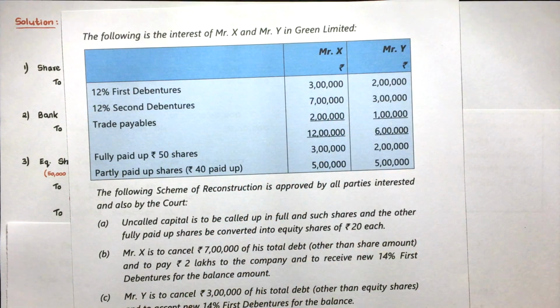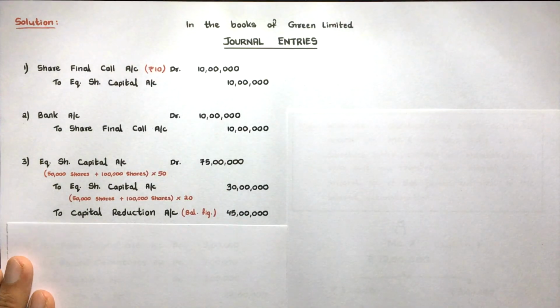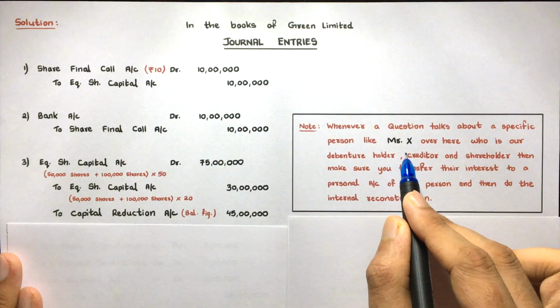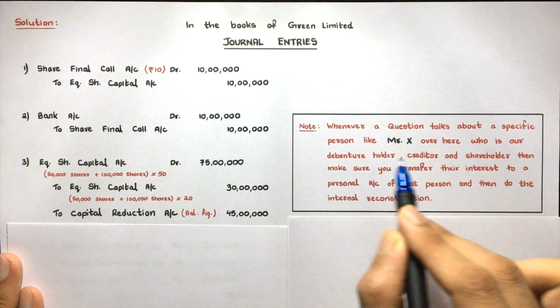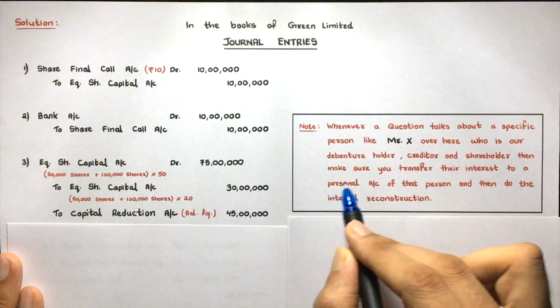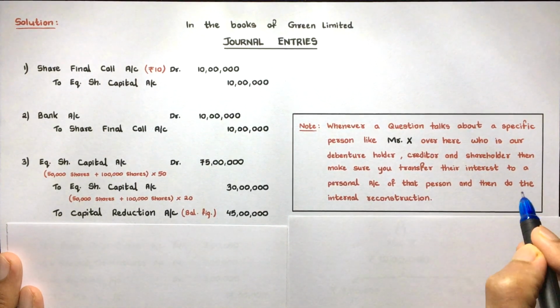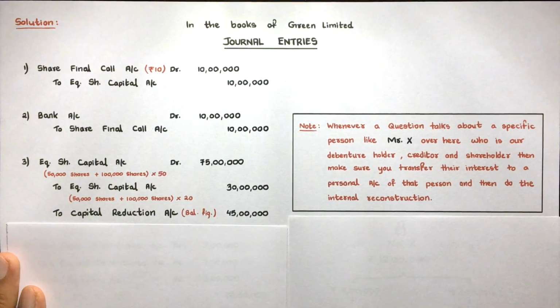Everything becomes easier after that. So I have written a note regarding that. See here, whenever a question talks about a specific person like Mr. X over here, who is our debenture holder, creditor and shareholder, then make sure you transfer their interest to a personal account of that person and then do the internal reconstruction.